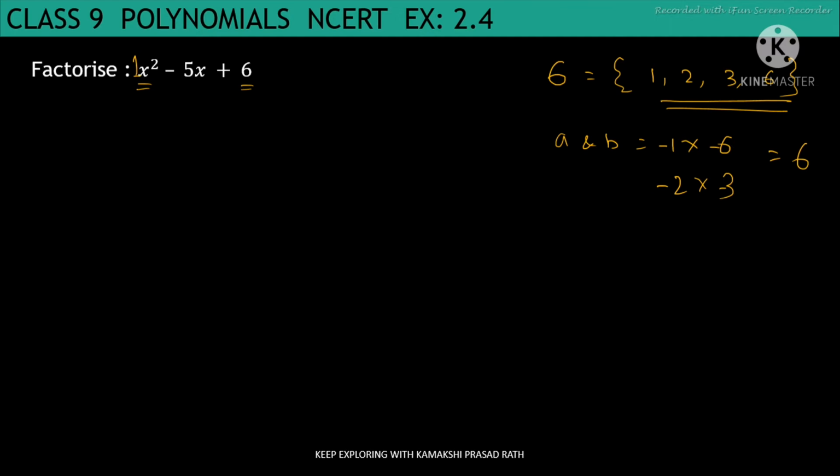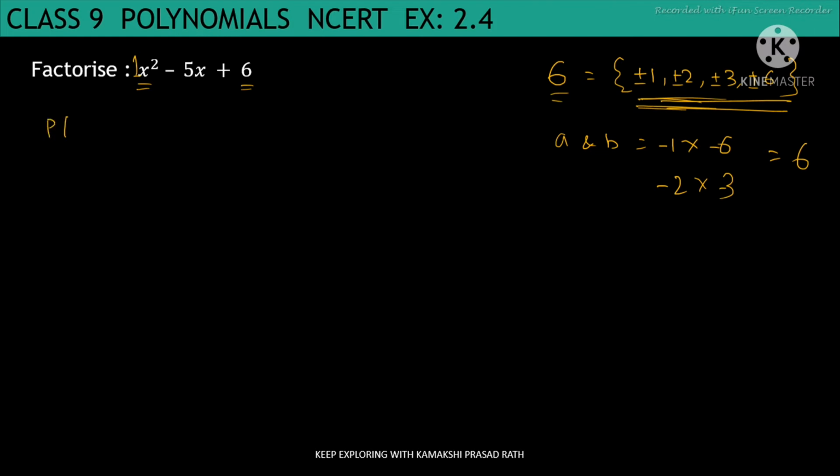So every time when we take these possible values of a and b, we use both plus and minus signs. So the possible values for getting 6 are plus or minus 1, plus or minus 2, plus or minus 3, plus or minus 6. So these are the possible values, and from these values only we will find out one by one.